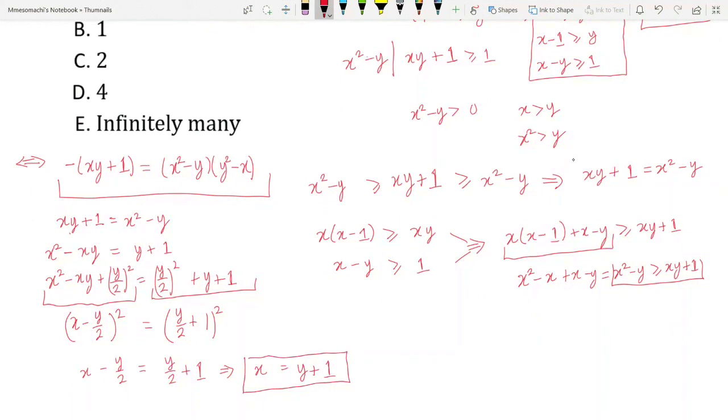And the second case is when they are of opposite signs. So I have x minus y over 2 equals negative y over 2 minus 1. And we know that x is greater than y, so this is already a contradiction, but let's just get what it is. So this implies that x is equal to negative 1. And this is a contradiction because we're talking of non-negative integers.